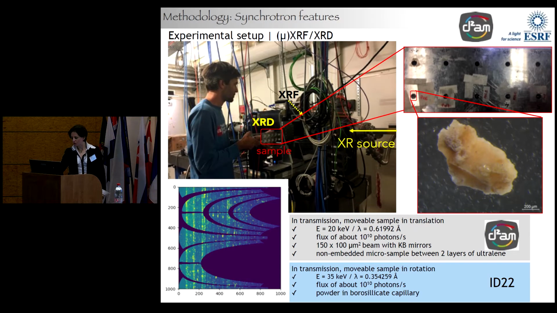The difficulty is to keep the sample entire and to avoid any preparation, keeping it between two ultralene films, and also to keep the archaeological object entire, even if it measures a few millimeters or several centimeters.